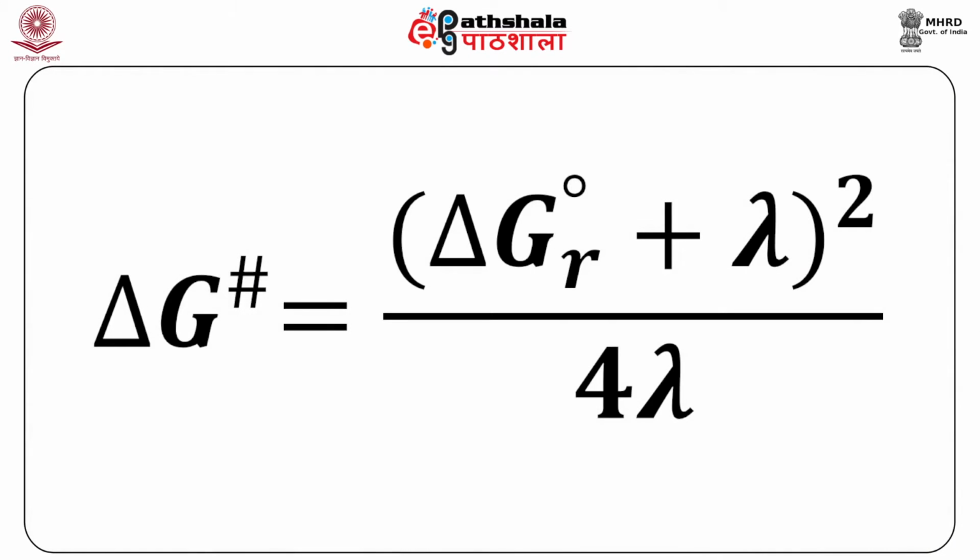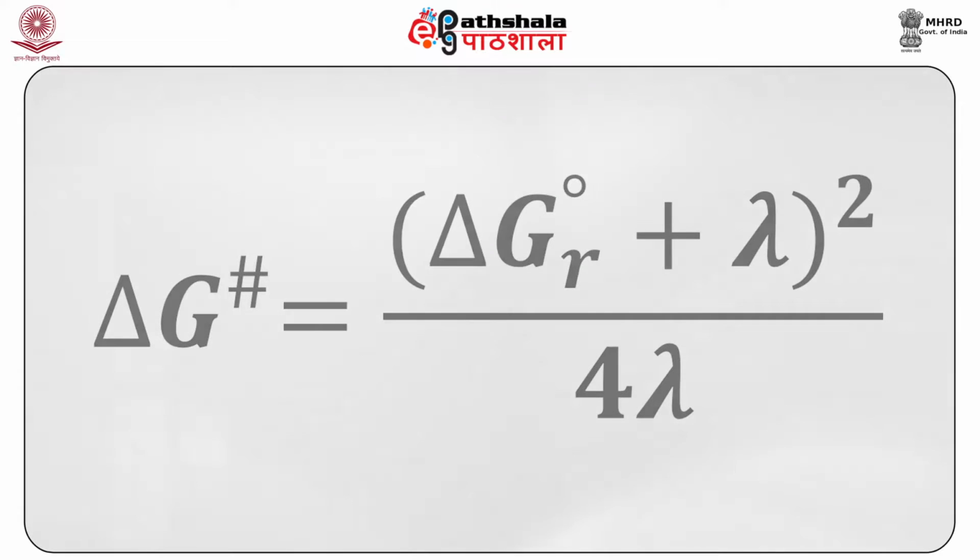Marcus presented that delta G hash is equal to (delta G_R naught plus lambda) whole squared divided by 4 lambda. In this equation, delta G_R naught represents the standard reaction Gibbs energy for the electron transfer process, and lambda is the reorganization energy, which is the energy associated with the molecular rearrangements that occur so that the complex DA can accept the equilibrium geometry of D plus A minus.